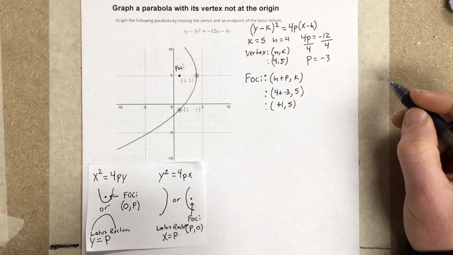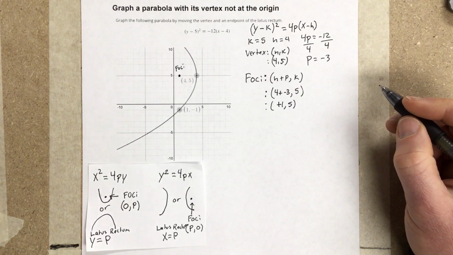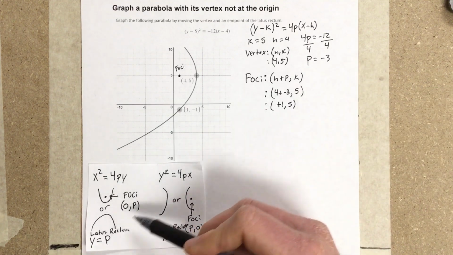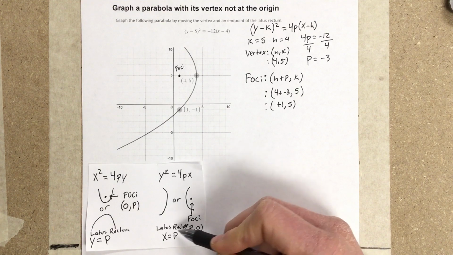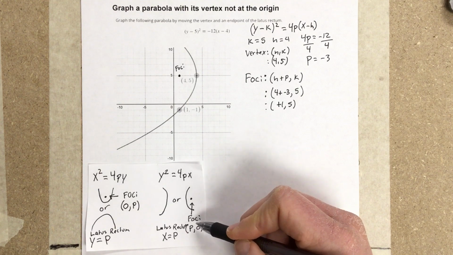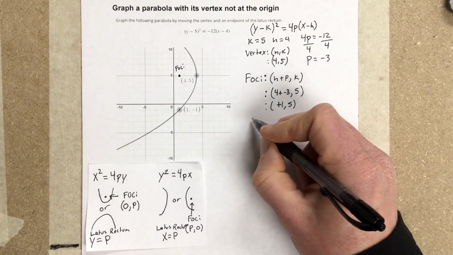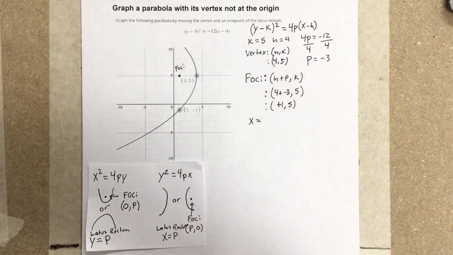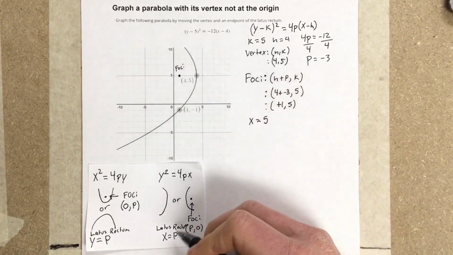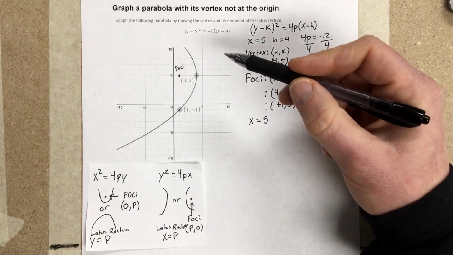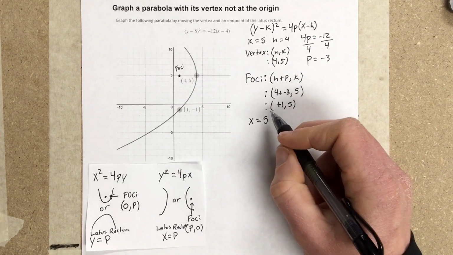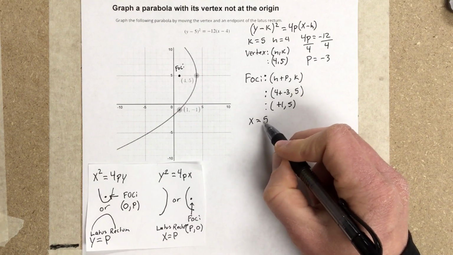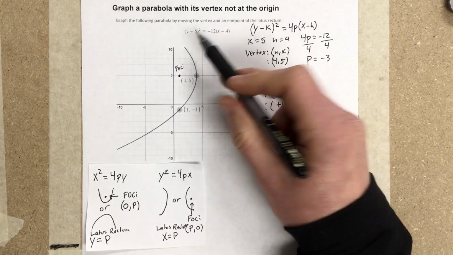Now I want to find the equation for the latus rectum. Well, the latus rectum is always going to equal the x value of the foci. So we have x is equal to 5, which is the latus rectum. And then we need to find the endpoints. So to find the endpoints, we're going to take this x value of 5, plug it in, and solve for y.